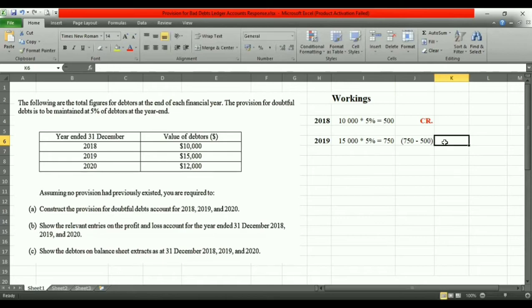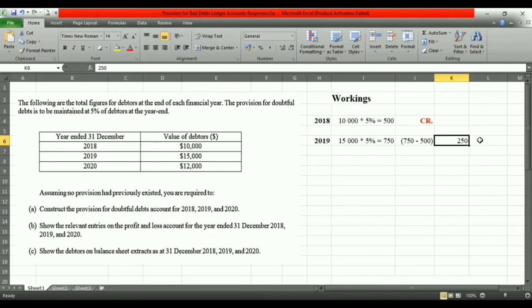And that gives us a value of 250. So we're saying that the provision for the year is 250. That is what you're recording in your profit and loss account for the provision.